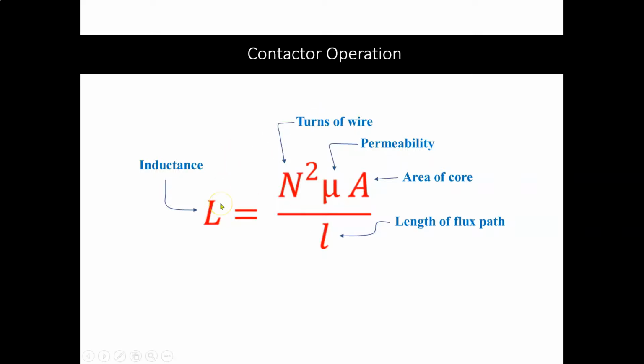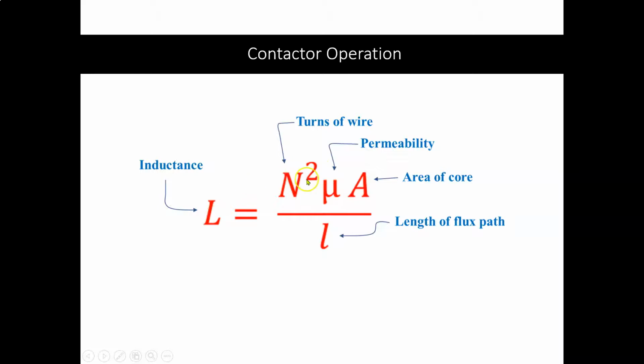So just like Ohm's law from first year, if I increase the number of turns, if I increase the permeability, or if I increase the area of the core, that will increase the inductance. If I increase any of these guys here, it's going to increase my inductance. If I decrease any of these, it's going to decrease my inductance.